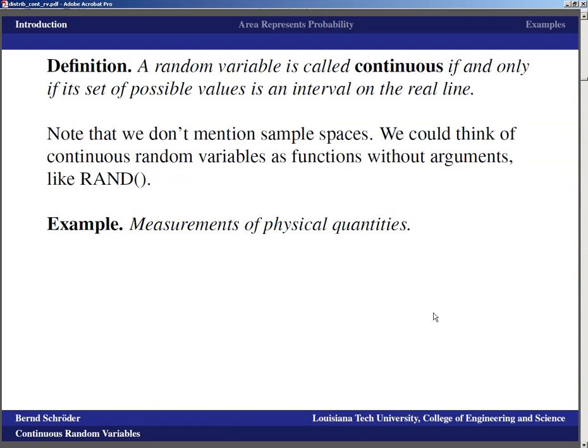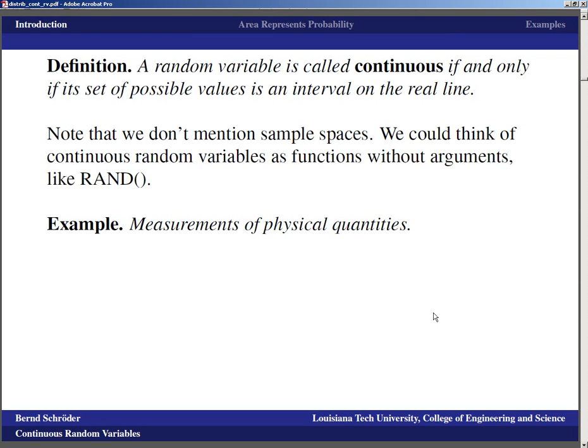You take the measurement, you get a number, but there wasn't anything where you plugged a number into another function or into the experiment or so in order to get the number that you are measuring. So that, at least in principle, means that physical measurements are also like functions without arguments.